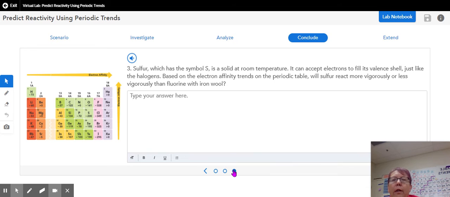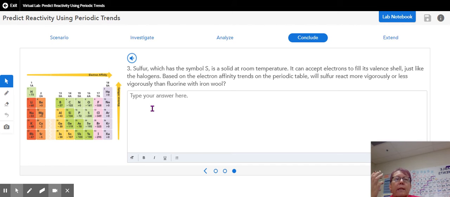Okay, third dot gives us a new scenario. Sulfur, which has the symbol S, is a solid at room temperature. It can accept electrons to fill its valence shell just like the halogens. Based on the electron affinity trends on the periodic table, so this is talking about electron affinity, saying it increases towards the top and it increases towards the right.